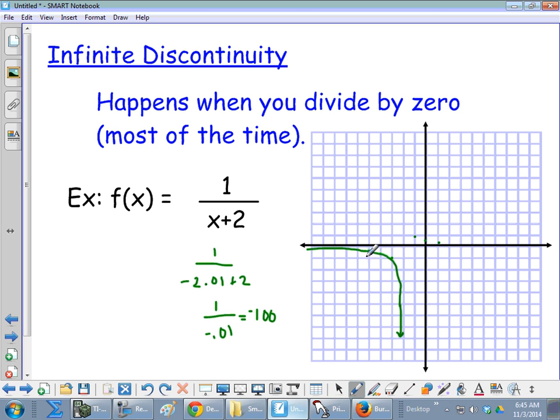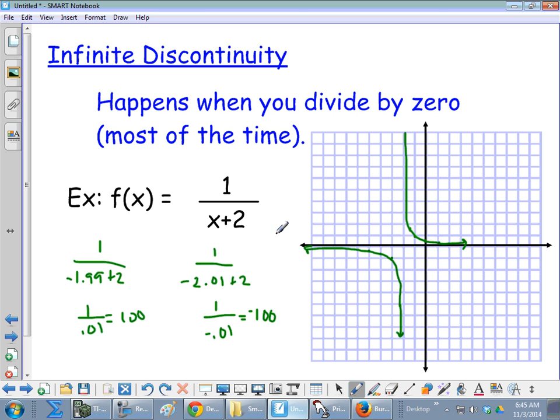If you're talking about something on the right of -2, like -1.99, we get 1 over positive 0.01, which is 100. So it's going to start way up above and come down, and then it's going to hug that x equals -2 line, go through these points, and hug the x-axis again.